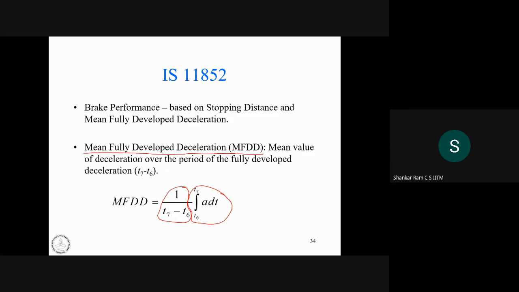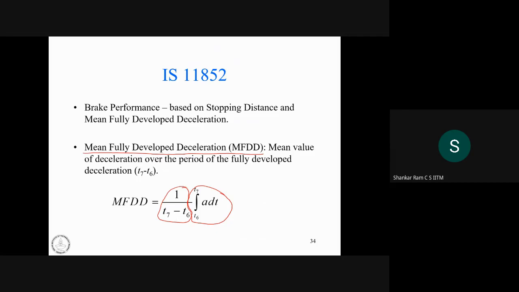This is also a very important parameter because the standards will also specify the expected mean fully developed deceleration that a brake system can achieve when we are driving the vehicle. So that is one more important parameter in addition to stopping distance.